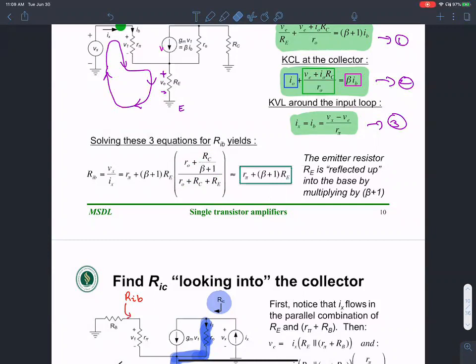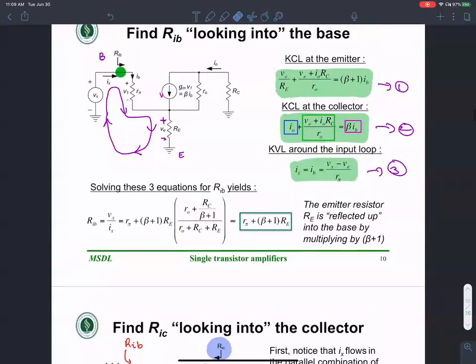So I'm going to approximate all of that to be r pi plus (beta plus 1) times re, because it provides us intuition. The intuition that we wanted to see was that looking into the base, the resistance has r pi and an amplified reflected up version of re. Remember I kept saying that over and over again.